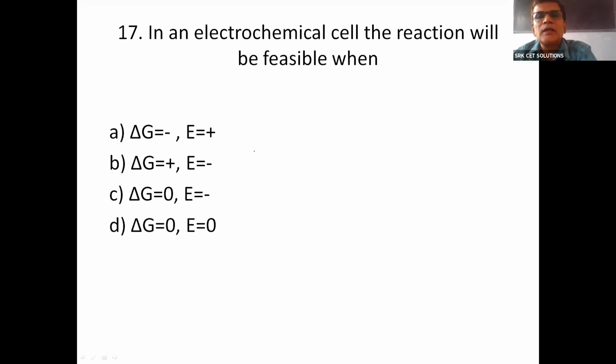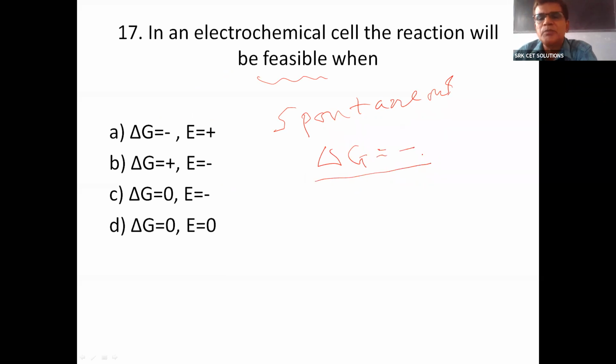In an electrochemical cell, the reaction will be feasible. What do you mean by the word? It is spontaneous. That means you must have the idea that delta G or delta G naught must be negative. Gibbs energy must be liberated. So with that idea, you find this relationship, delta G and E are related like this.